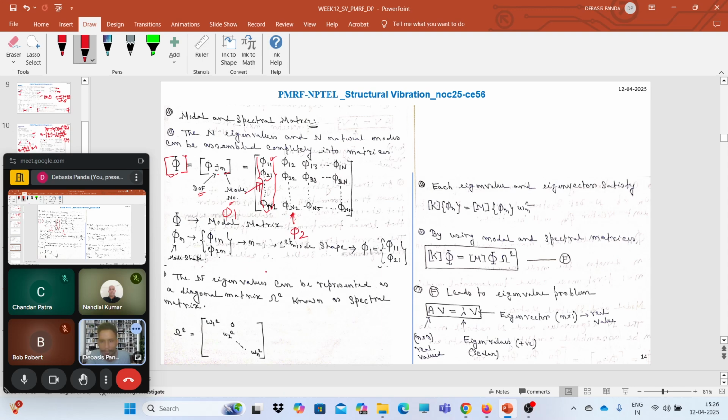Similarly, we have seen for the spectral matrix, that all the frequency values we can combine in one matrix, and this matrix becomes a diagonal matrix, because we have already done the eigen operation, so we are left with the diagonal matrix, and this is called your spectral matrix.